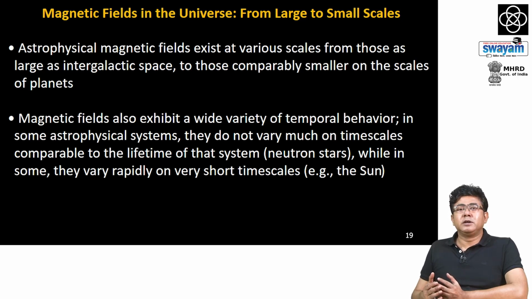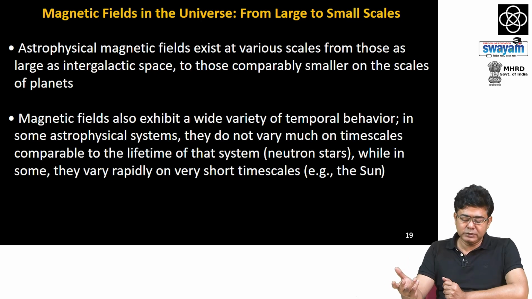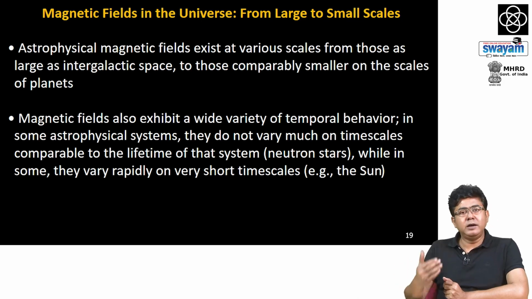I think it's obvious to some extent that in any astrophysical system where there is a variability in magnetic fields, the magnetic fields are either being created or destroyed. So, in this context, there are 2 important things that we should keep in mind. One is that astrophysical magnetic fields exist at different scales, starting from the largest scales of the universe to the smallest scales of the planet, and that their variability also exhibits very different kinds of behaviors.